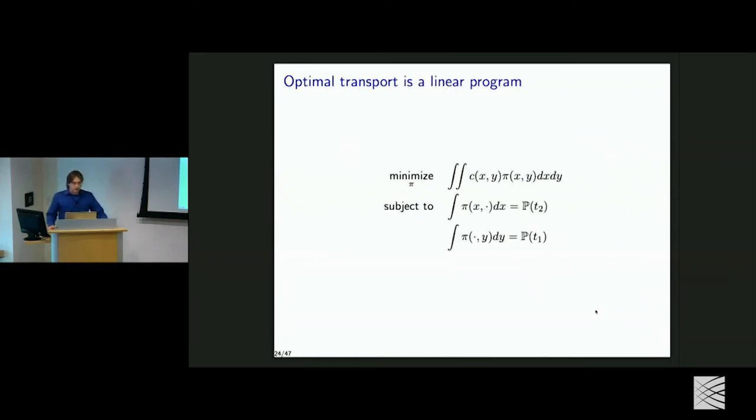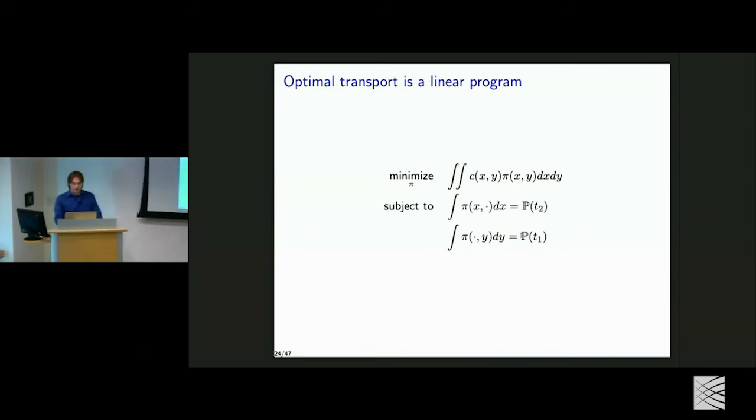Optimal transport, just to remind you, is a linear program, and there are very fast ways to solve it. If you want to minimize the expected cost, you impose the constraints that the transport map has to satisfy: if you sum up over everywhere that you started from, you should get all the cells that you're going to, and if you sum up over everywhere that you could go to, you should get all the cells that you came from.